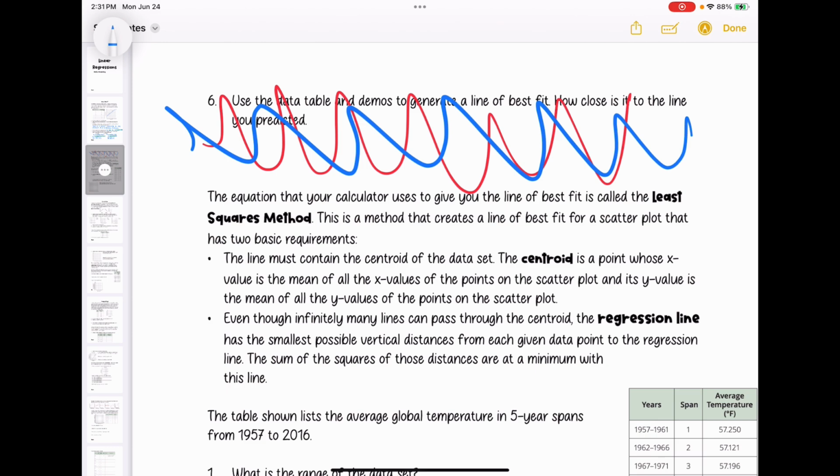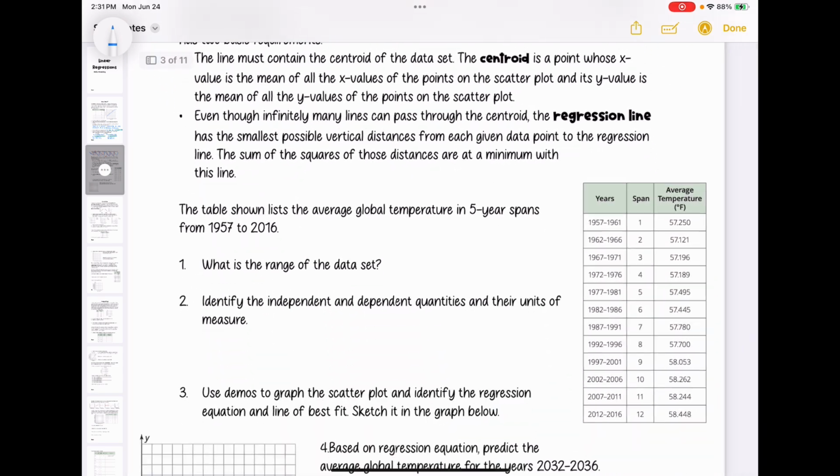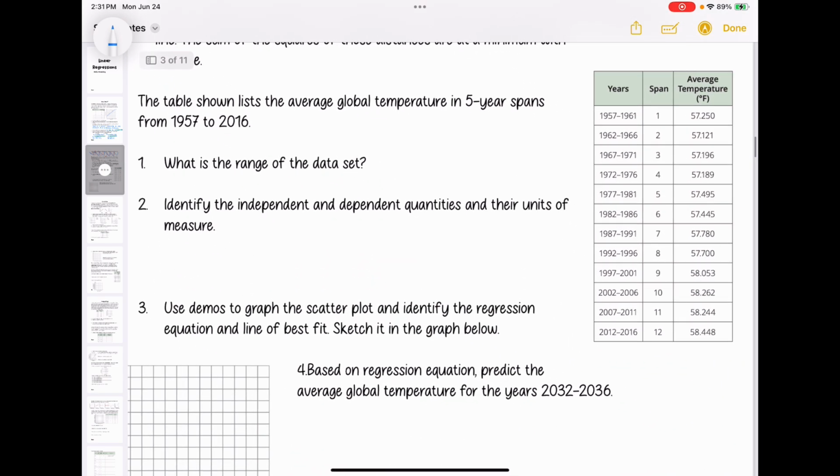The table shown lists the average global temperature in 5-year spans from 1957 to 2016. All right, so number one, it wants us to find the range of the data.